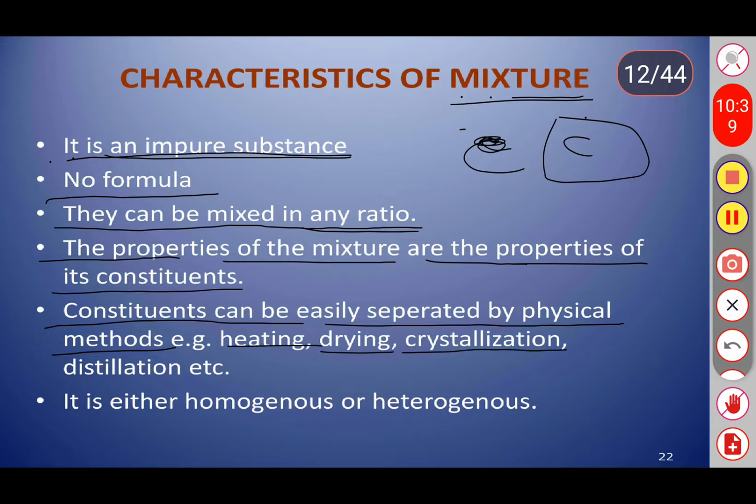These are some of the methods we are going to use to separate the constituent particles. Constituent particles means the components which are already present in the mixture. Those components we are going to separate with the help of heating, drying, crystallization or distillation processes.